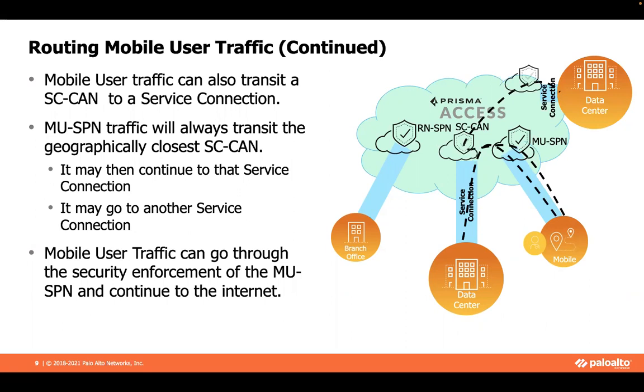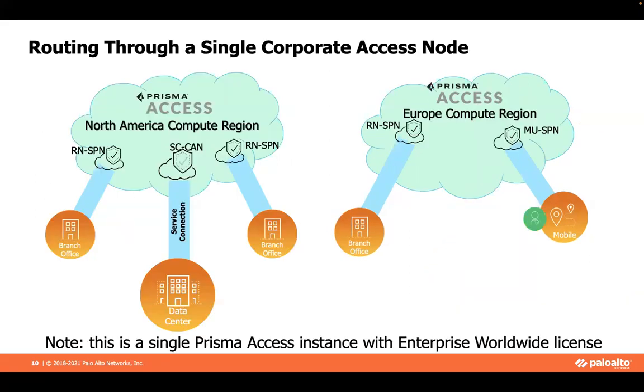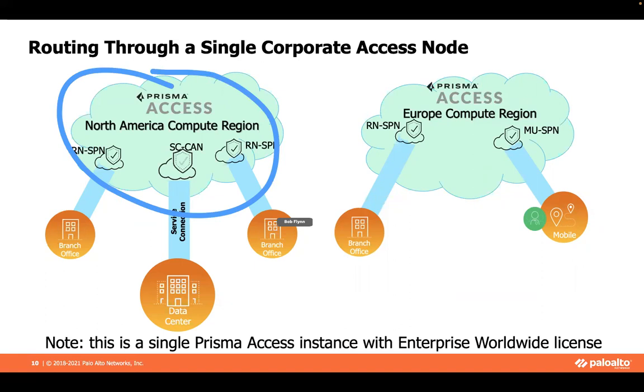But if you have multiple regions and deployments, say in Europe and in North America, it makes sense, even if you only have a single data center in one region, say in North America, and even if you're not going to use that corporate access node as a service connection, to deploy another one close to where your users are.